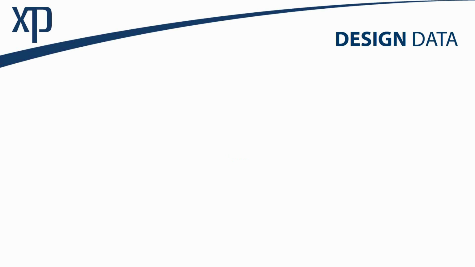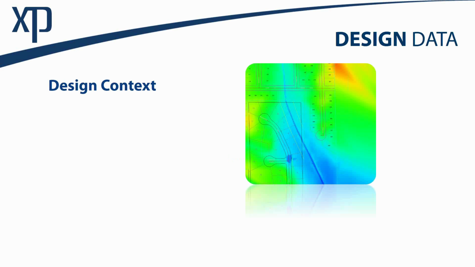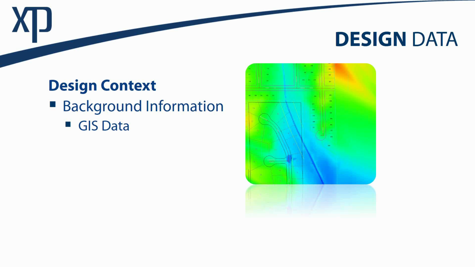Next, let's talk a little bit about that design information, that design data. We can add CAD file information to XPSTORM to help us with some of that spatial context. They can be a pretty picture, and pretty pictures can be both CAD files as well as GIS files.